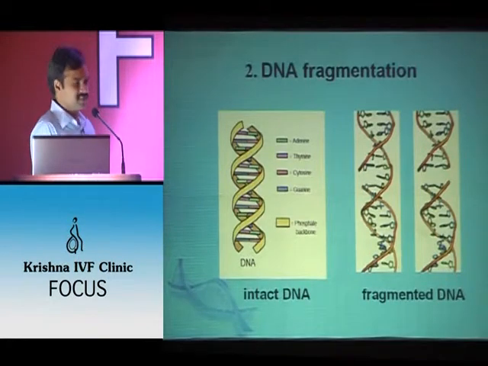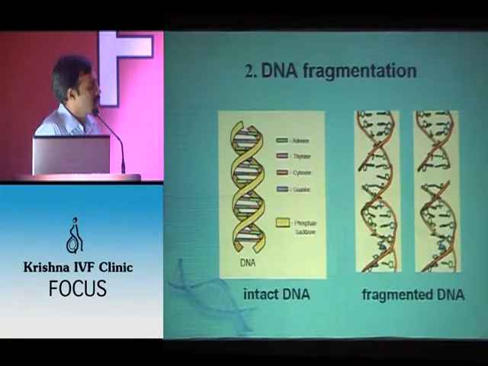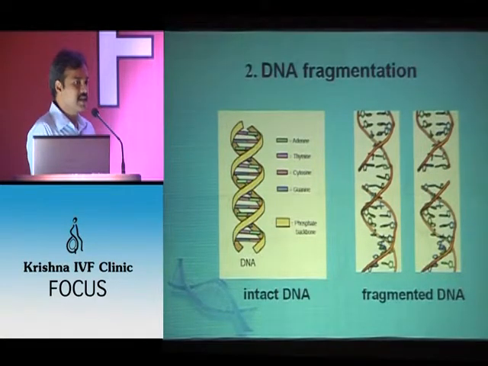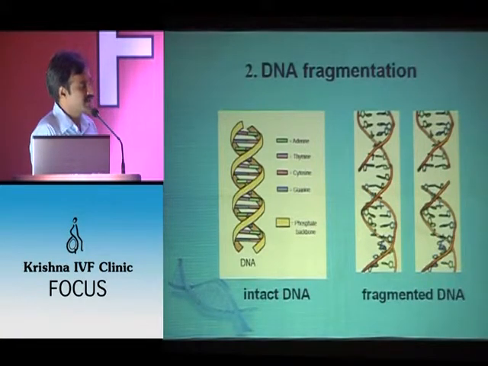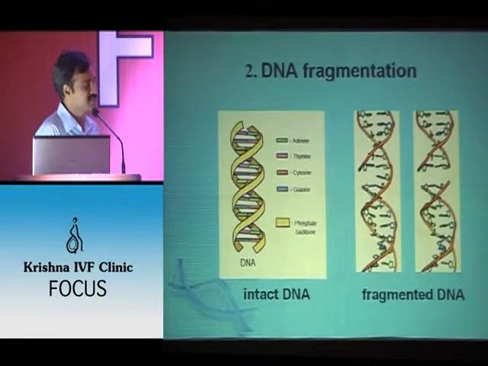So when you see the basic structure of DNA, it contains adenine, thymine, cytosine, guanine, and these nucleotides are supported by a double helical structure, contains phosphate and hydrogen bonds. So DNA fragmentation is nothing but either single strand break or double strand break in the DNA helical structure, which is considered as fragmented DNA.